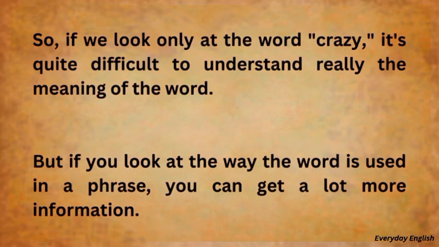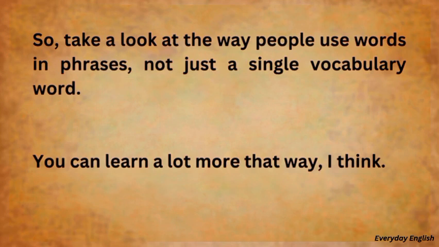So, if we look only at the word crazy, it's quite difficult to understand really the meaning of the word. But if you look at the way the word is used in a phrase, you can get a lot more information. So, take a look at the way people use words in phrases, not just a single vocabulary word. You can learn a lot more that way, I think.